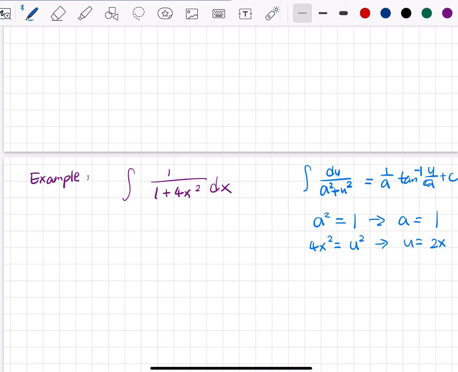Now let's take the du, which is going to be 2 dx. So dx is going to be 1/2 du.